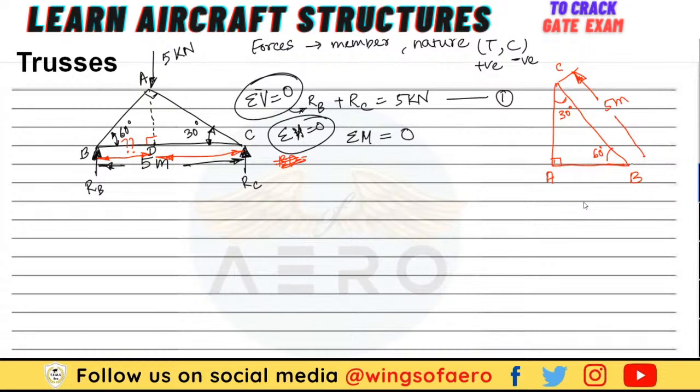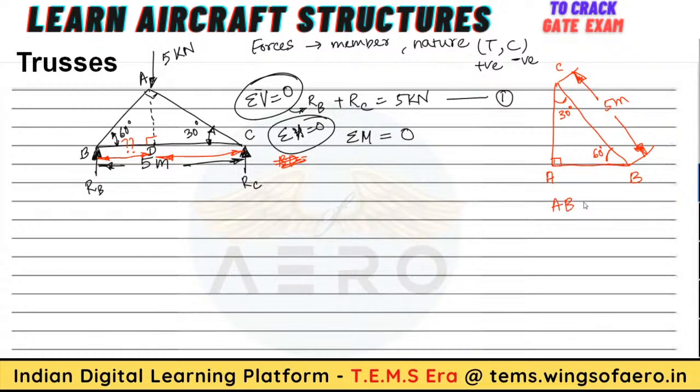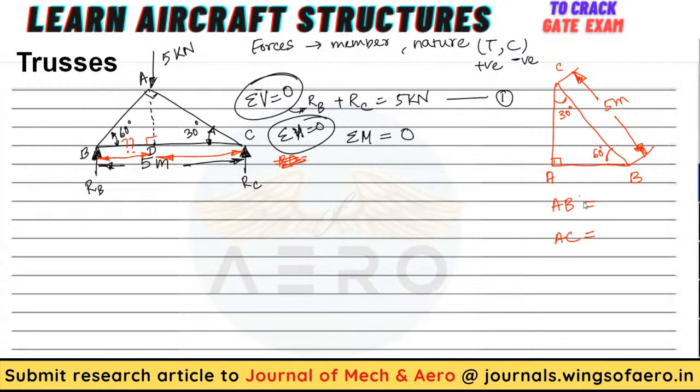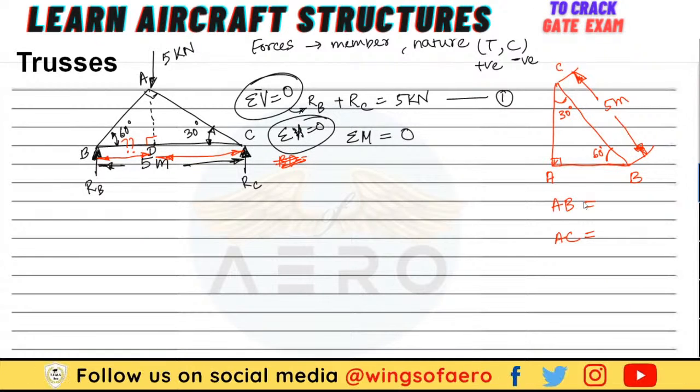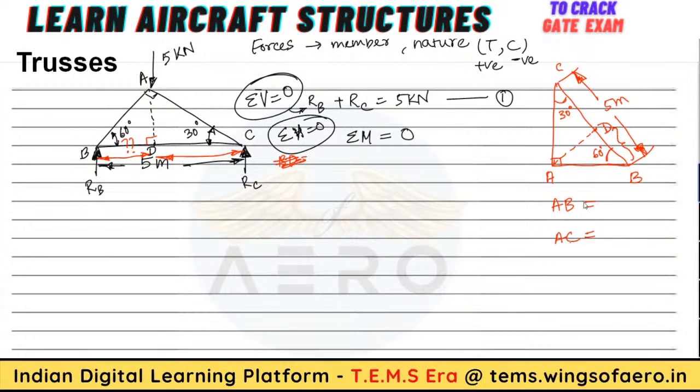And if I know this angle 60, I can find out what my AB and my AC are. It is very easy to find out AB and AC. If I know my AB value, I can know the imaginary point D which I am considering, what will be this distance? What is my BD value?